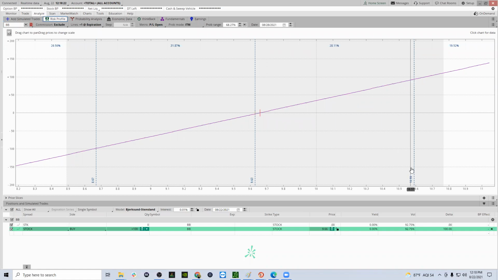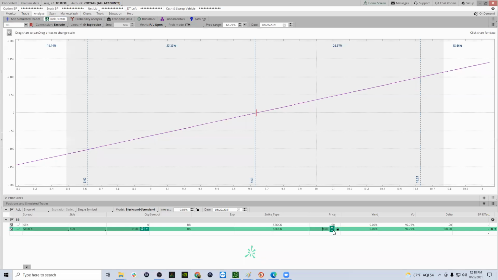If it goes to 1063, I will make $100 on the nose. If it goes to 863, I will lose $100. That is the key. It moves 1-to-1 with the stock because I'm holding stock.